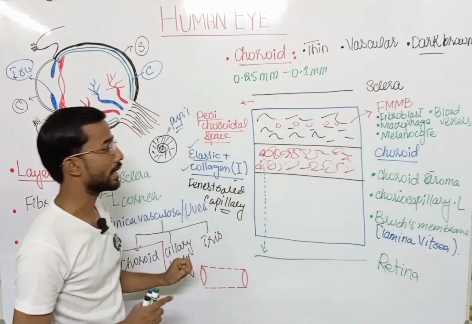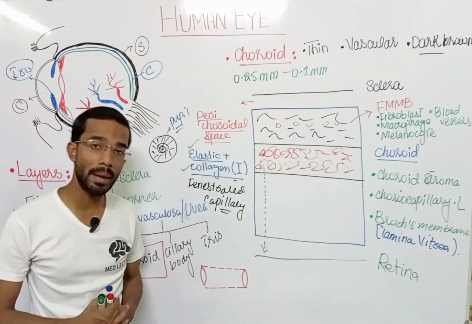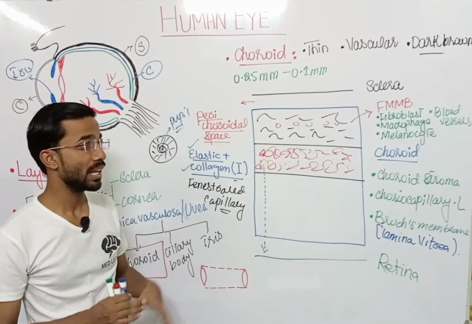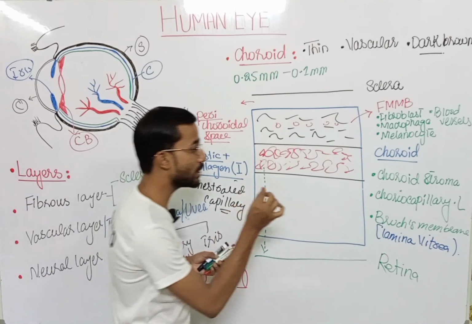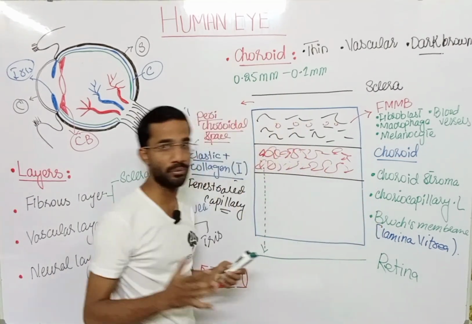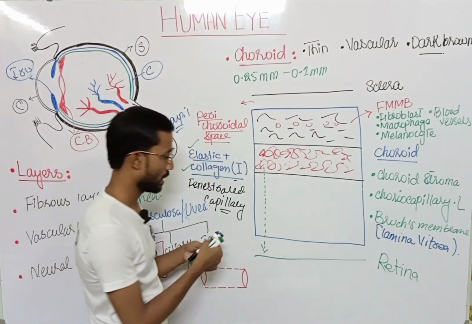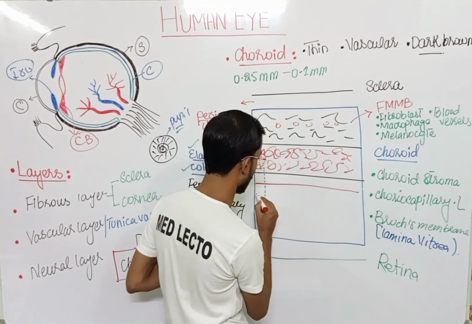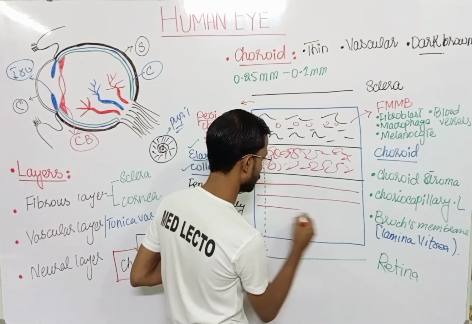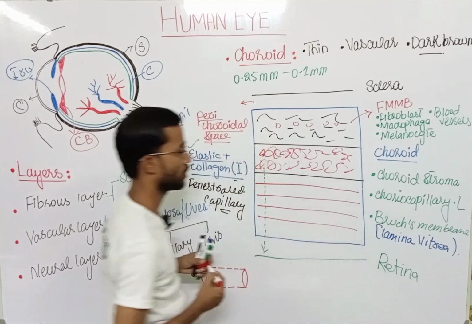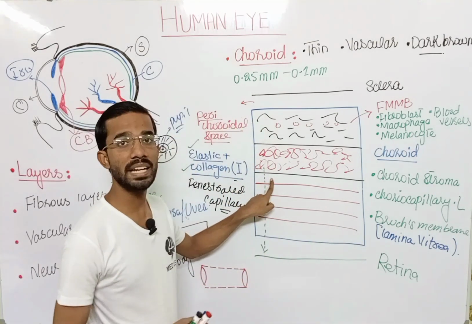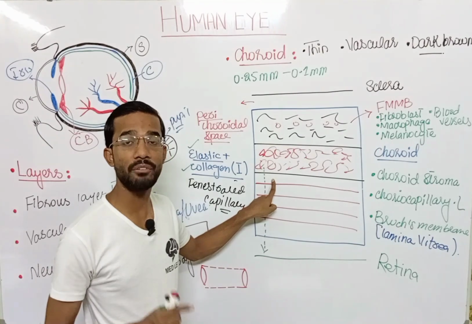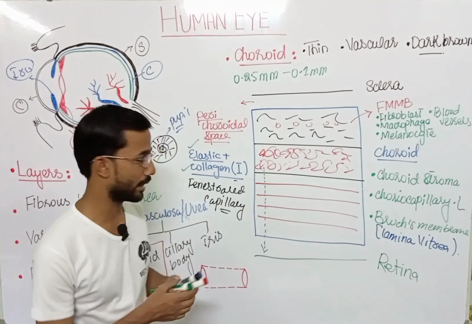Okay. And last is the Bruch membrane, or you can say lamina vitrea. We divide this last layer again into 5 components. First layer is the basal lamella of the endothelium of the choroid capillary.